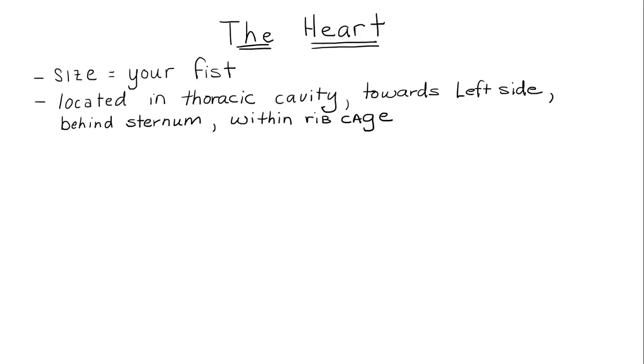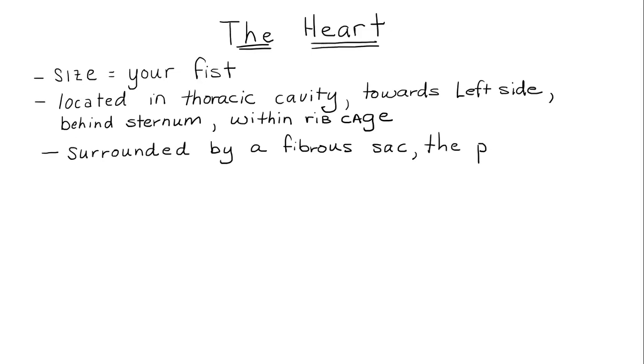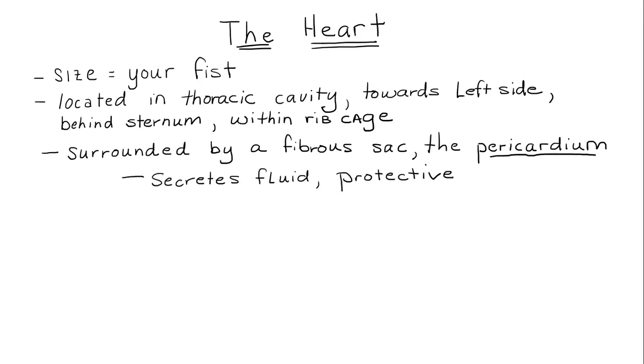The heart is also surrounded by a fibrous sac called the pericardium. And the pericardium is a protective layer, but it also secretes fluid. And that fluid allows the heart to expand and contract. Remember, the heart is made of heart muscle, and so the heart is going to beat.